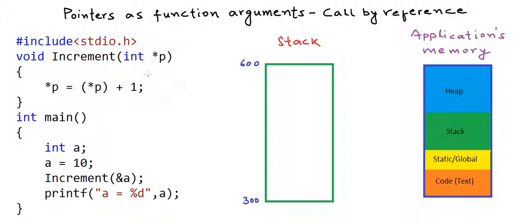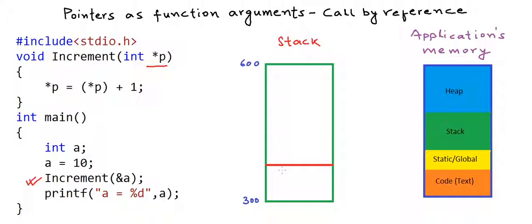Now what we are doing here is that we do not have an argument which is integer in this function increment. We have an argument which is pointer to integer, and pointer to integer, as we know, will store the address of an integer. So now in the increment function we are passing the address of A. When the program starts executing, the main method will be invoked first.